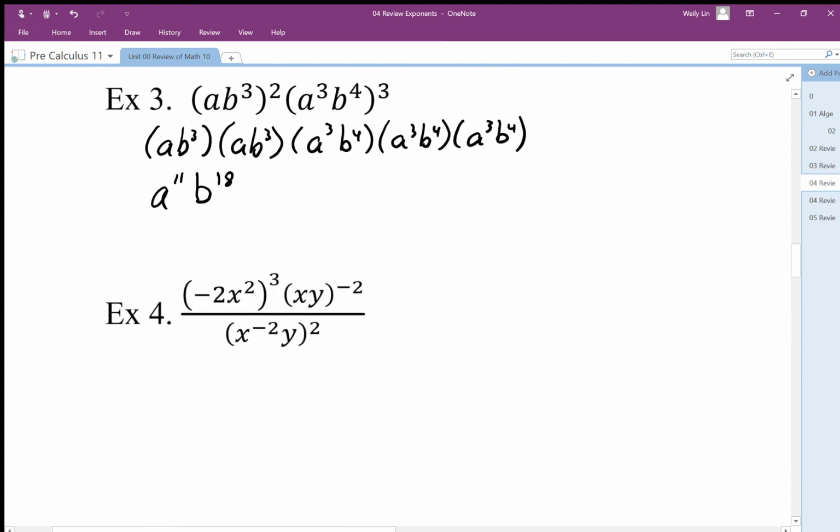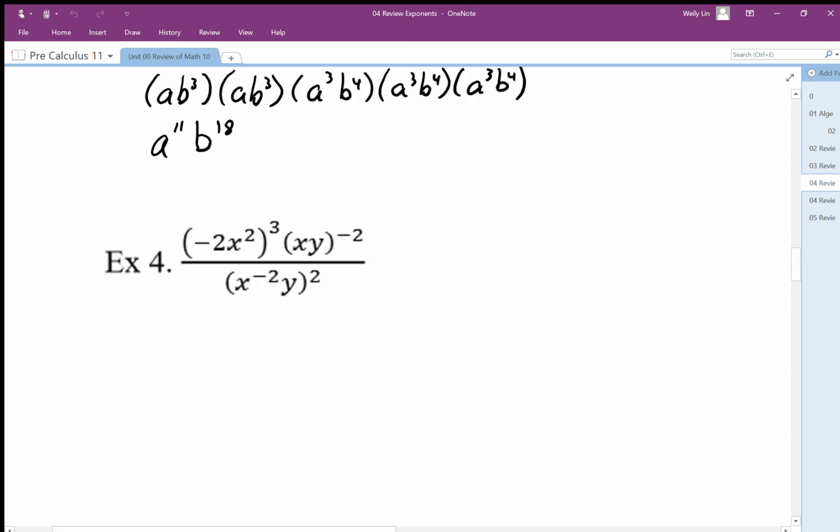Okay, here we just have to keep track of our negatives, and remember that those negatives have nothing to do with the negative powers. The negative powers are to do with division. So when I work this out, I can expand this out if I want, but because I can distribute multiplication across addition, I can actually distribute exponents across multiplication.